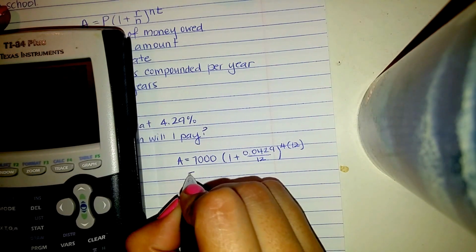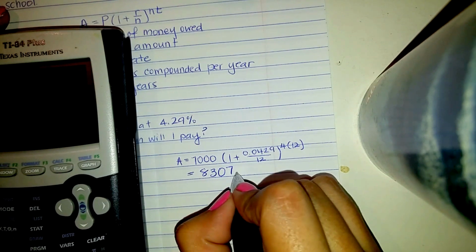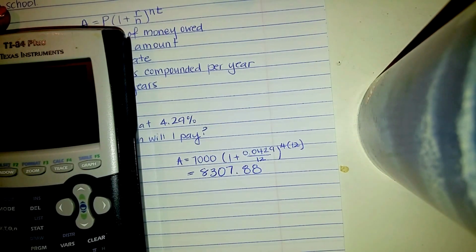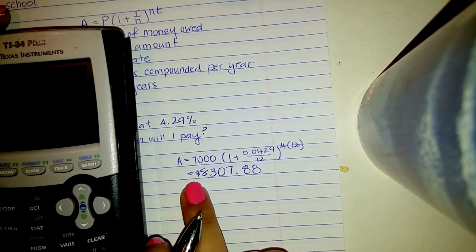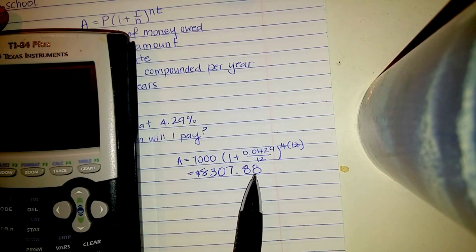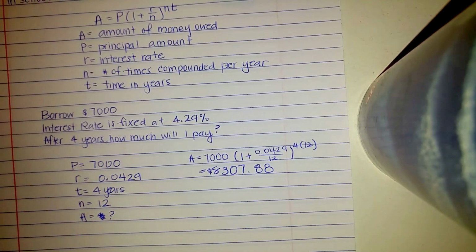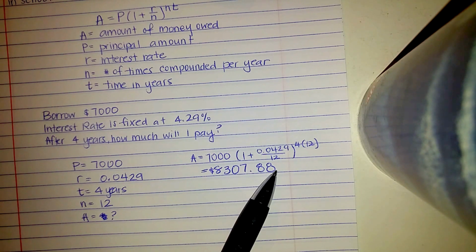And I get a total of 8,307.88. So this is what I would have had to pay with all the interest that I have accumulated over 4 years. But because this is a subsidized loan, I'm not actually paying this interest.